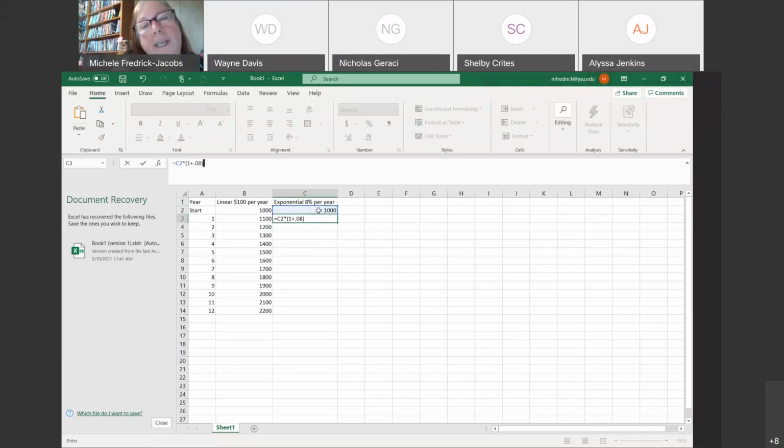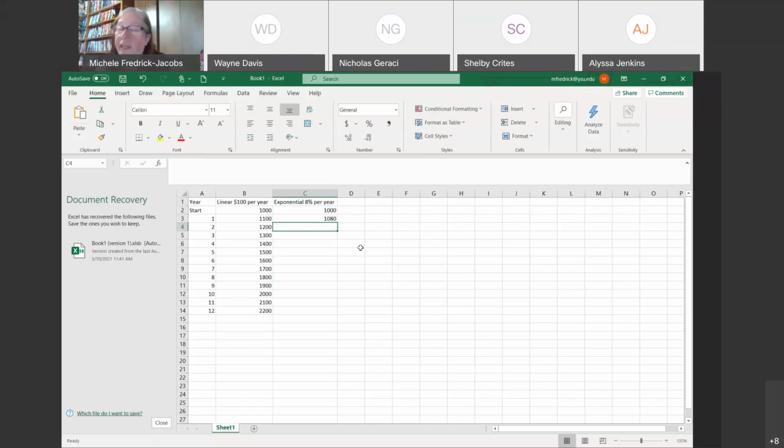And that will take 8% of the one before. And that's what we had gotten, 1080. So I put equal to, I took the one above, the 1,000, and then 1 plus 0.08 because I'm increasing by 8%.